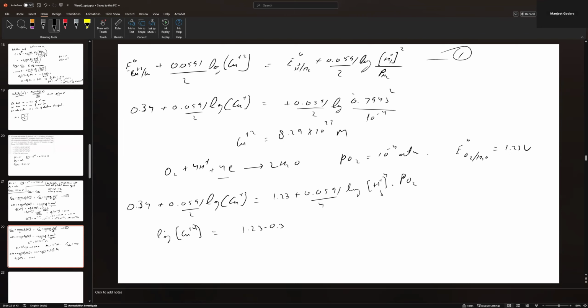Minus 0.34, this will be multiplied by 2, right? 2 times into 4 divided by 0.0591, plus log of H+ to the power 4 into the partial pressure of O2, which is equal to 10 to the power minus 4.